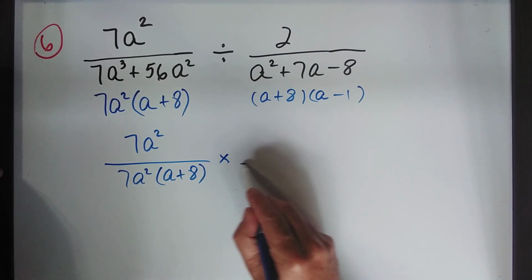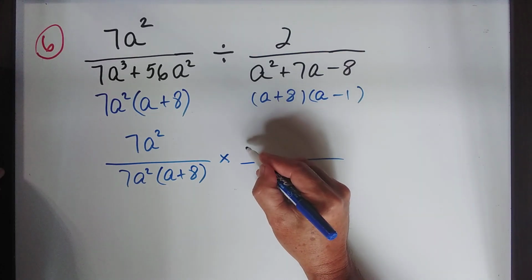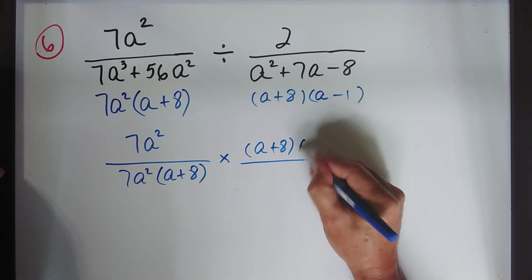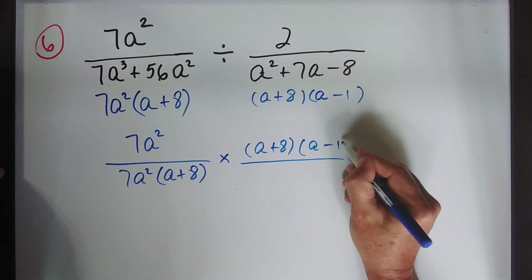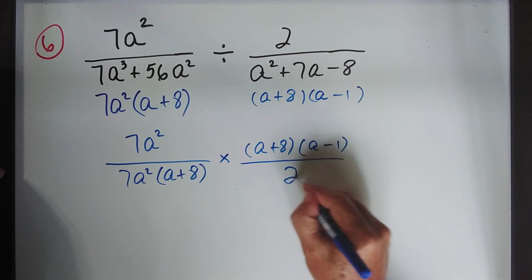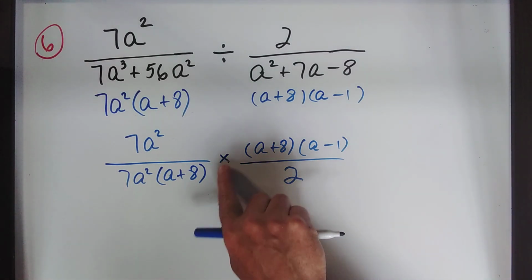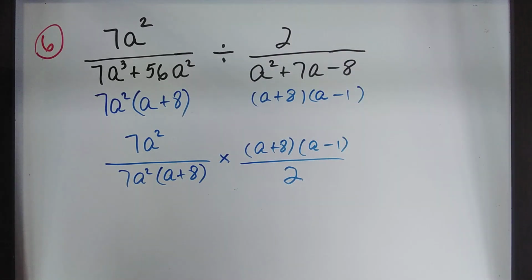And then you flip the second one. A plus 8, a minus 1 under 3. Okay? Really simple. Very much the same, only you need to change this to times and flip the second one only. And then I'm going to try to cancel things out.